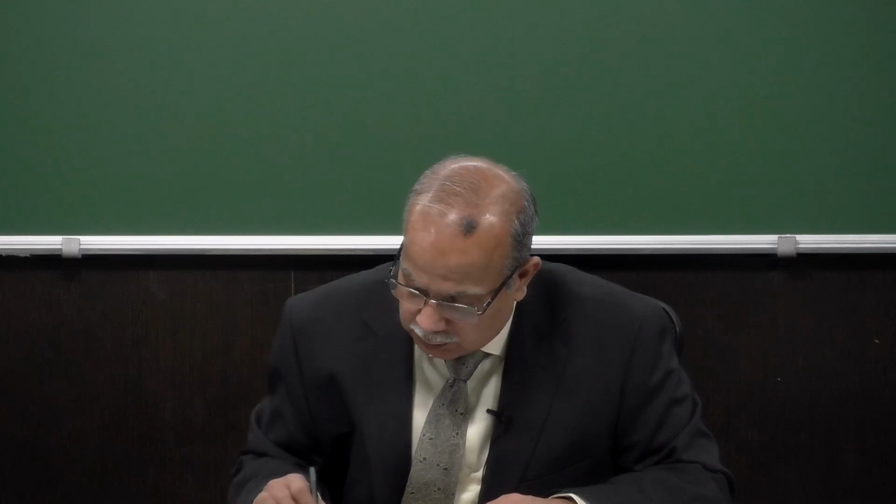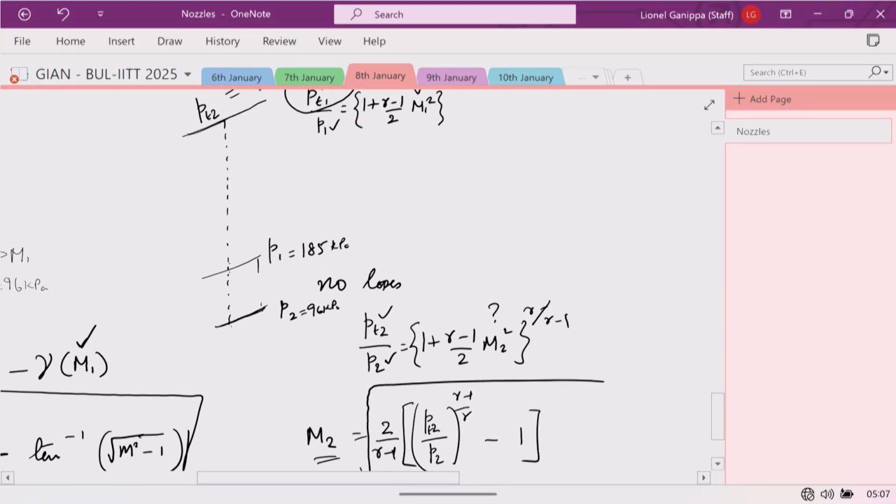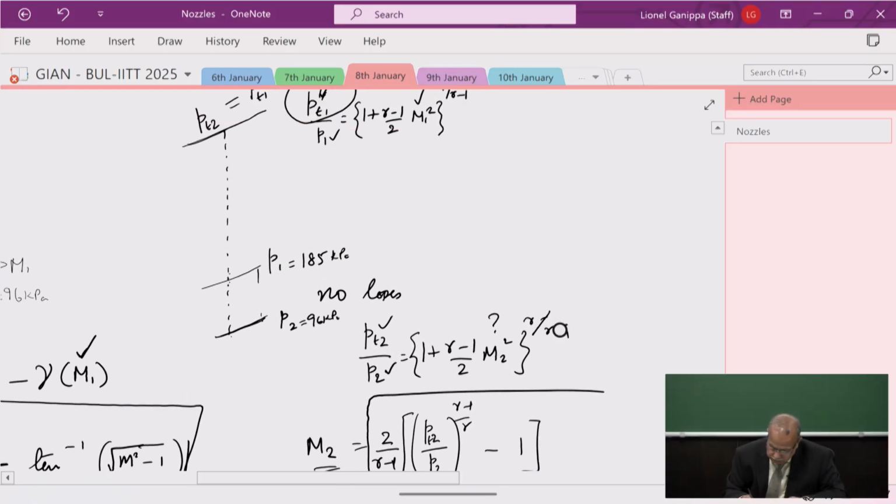What is the value for PT1? 78.32 kilopascal.